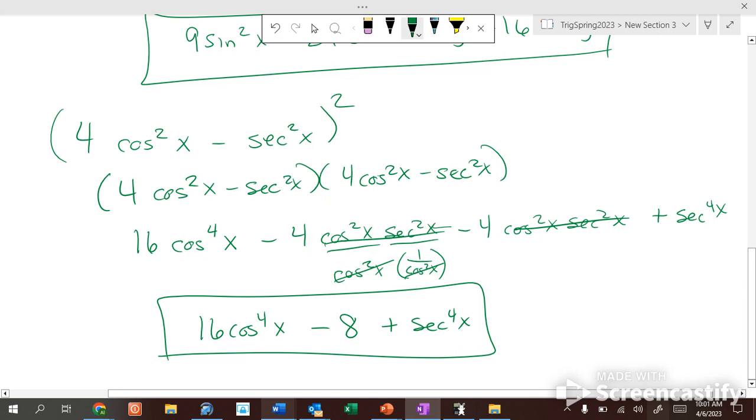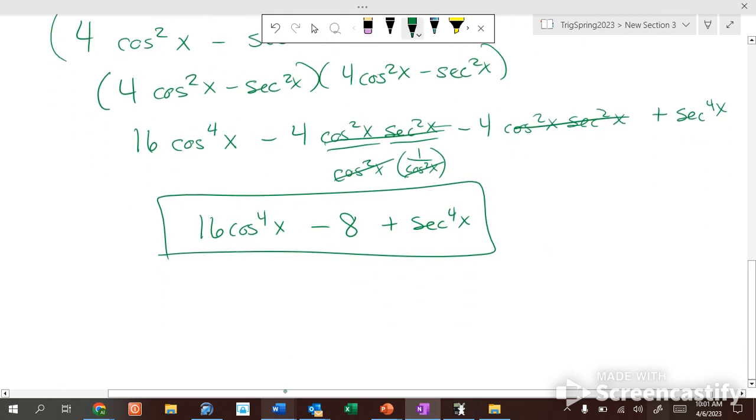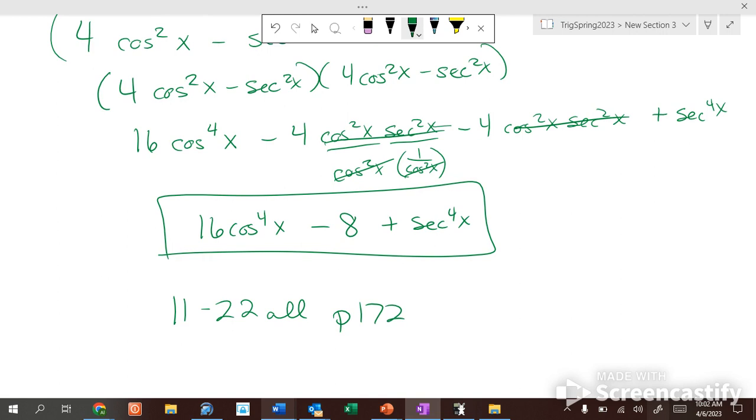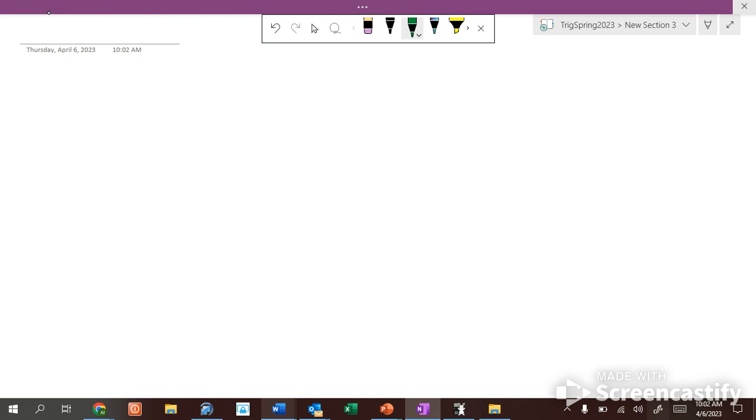Okay, so that is section 3.2. You will be assigned 11 through 22 all on that on page 172. But now we're going to do the 3.2C, and that's going to be factoring.